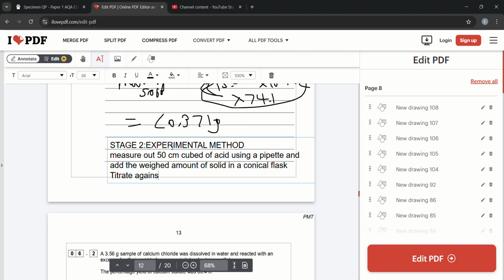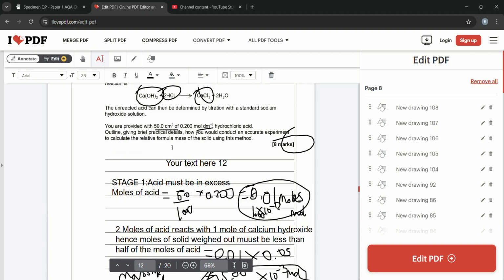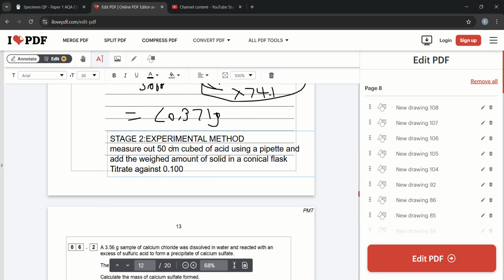Titrate against 0.100 mol dm⁻³ NaOH added from a burette, not from a conical flask, because a burette gives a low percentage uncertainty, whereas a conical flask gives a larger percentage uncertainty. And record the volume added.